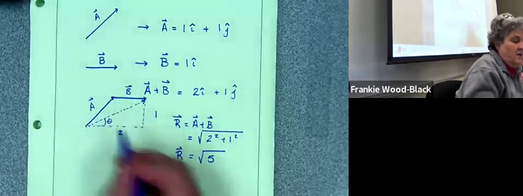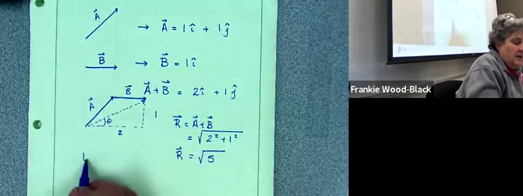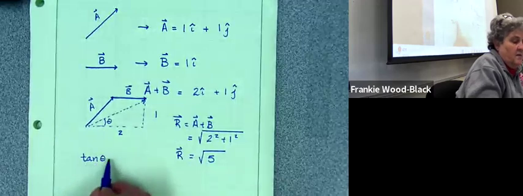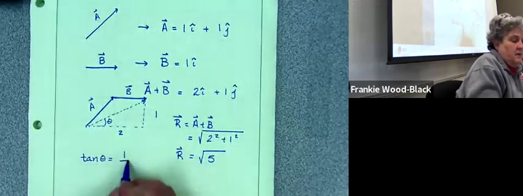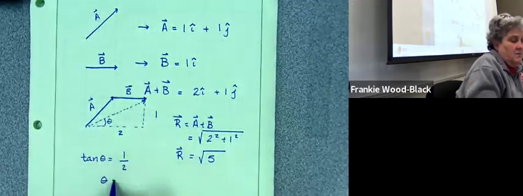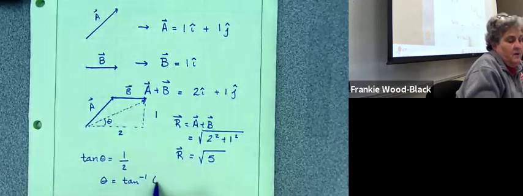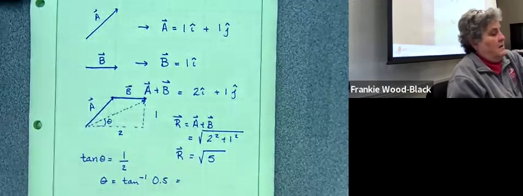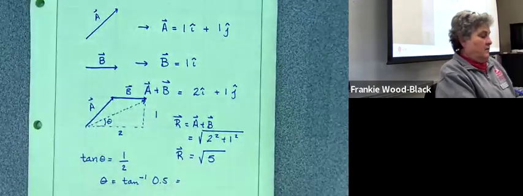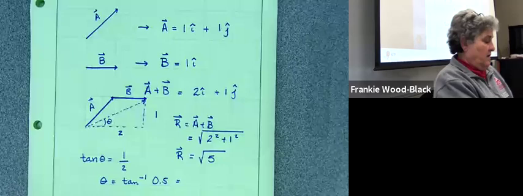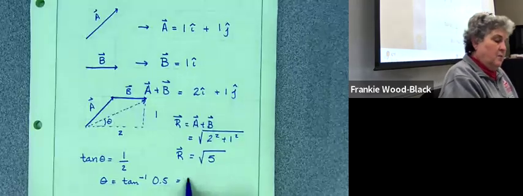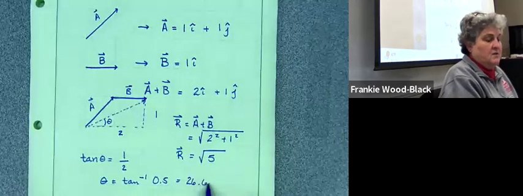And then I have my angle, and just as a reminder, the tangent of the angle is opposite over adjacent. So my angle is going to be the arc tangent of 0.5. And it's Friday, and I can already tell I'm tired, so it's not one I remember off the top of my head. That's going to be 26.6 degrees.